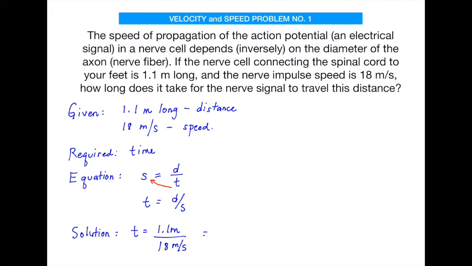So the answer is around 0.061 seconds. Okay, so let us check how many significant figure. We have here 2 significant figure, then that is fine. So this is now our answer.